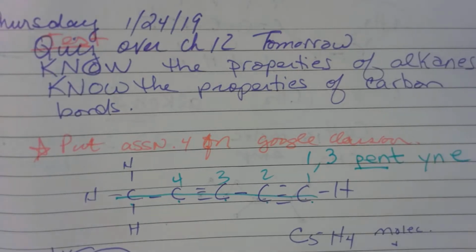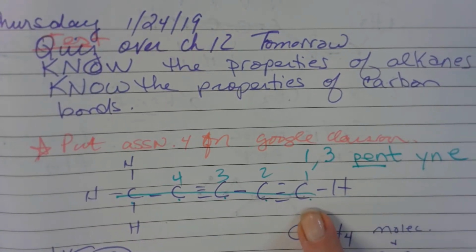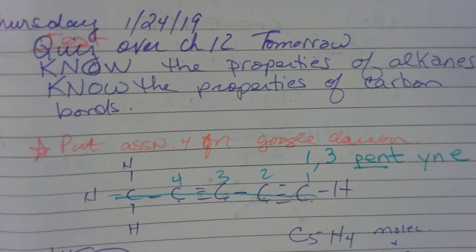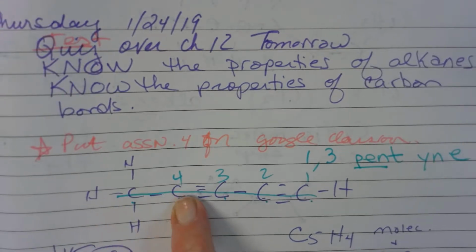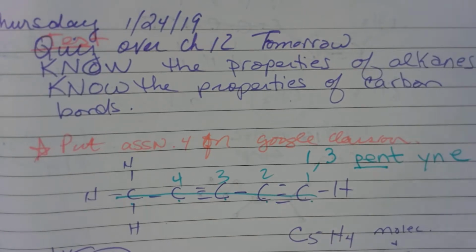And whenever you want to show where that is, you're going to start numbering so that it has the lowest number as opposed to the highest number. And if you did it the other way, it'd be 2, 4 instead of 1, 3.